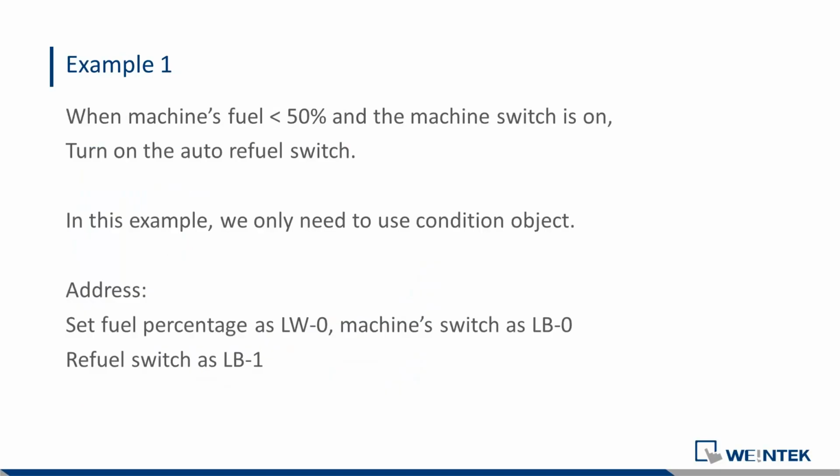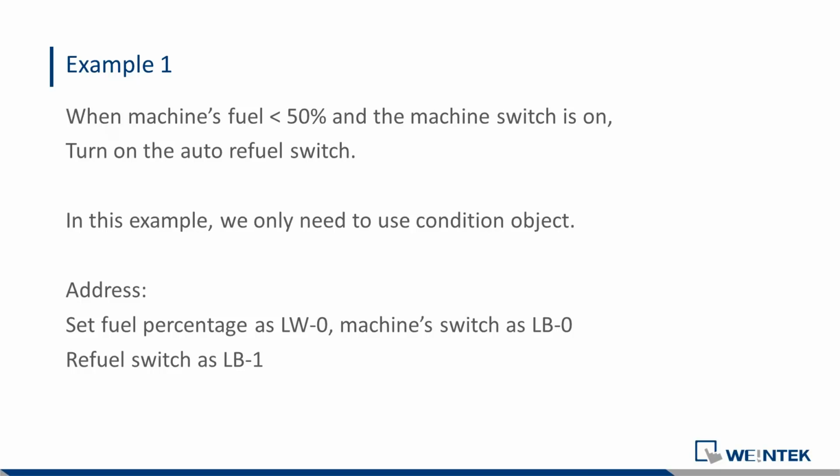All right, so here's our first example. The scenario is: when the machine's fuel is less than 50%, and the machine switch is on, turn on the auto refill switch.